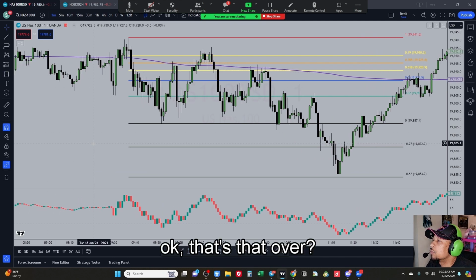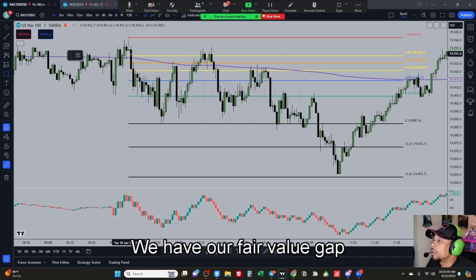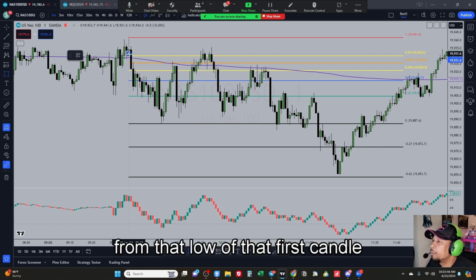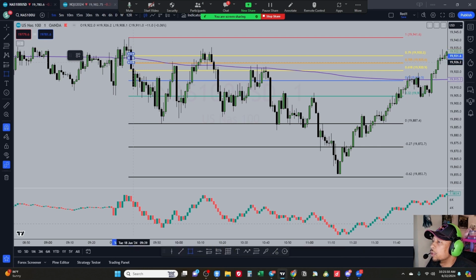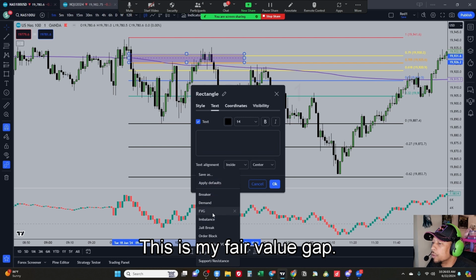Okay, let's move that over. Let's try that again. We have our fair value gap from the low of that first candle to the high of the third candle. Okay. All right. Stretch it over. This is my fair value gap.